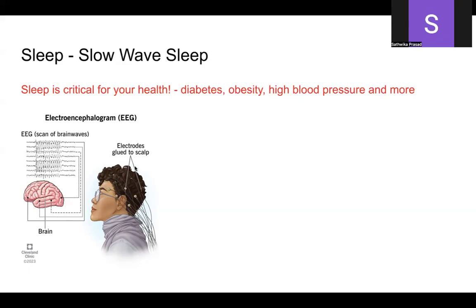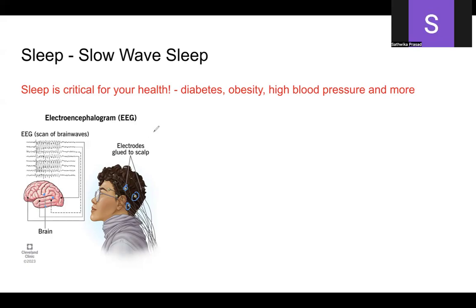So you can see these electrodes over here and here located over different parts of the brain. So basically, they hover over the brain, but on the outside.